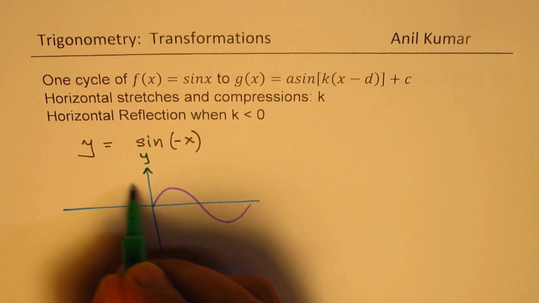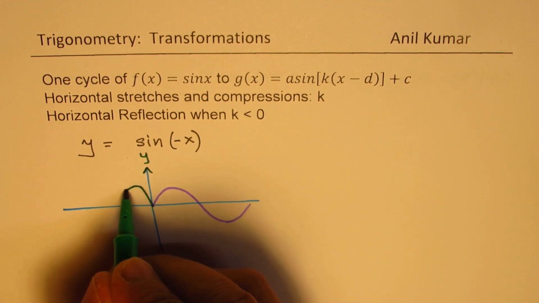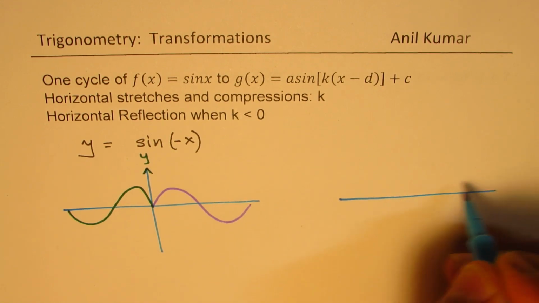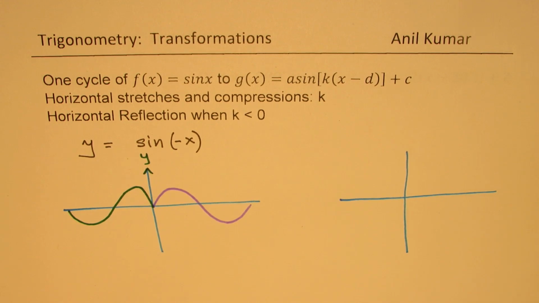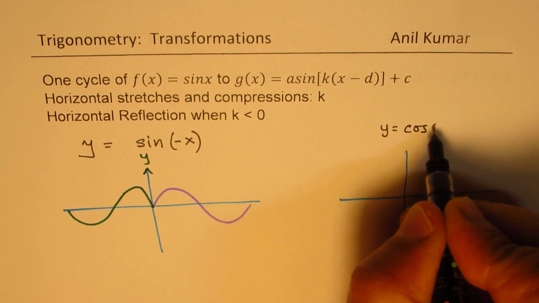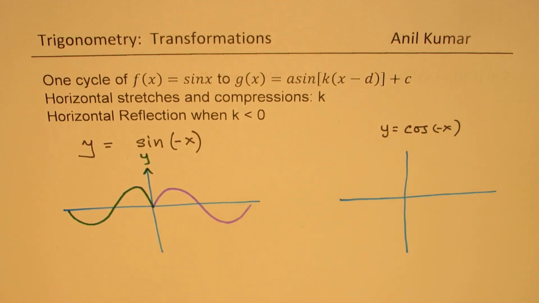So what you get here is something like this. Now if you're working with cosine function, in that case cosine function is even, right? So if I have y equals to cos of minus x, the graph is more or less same.